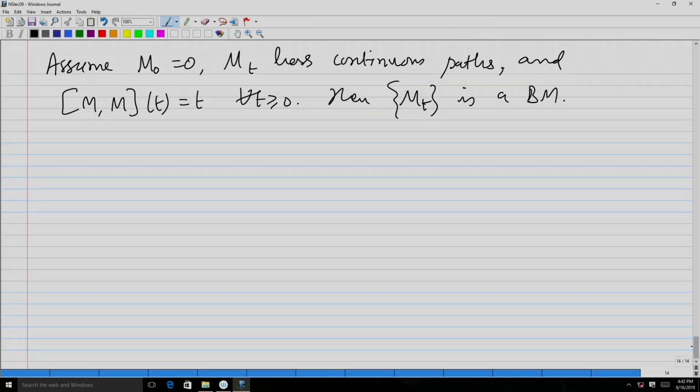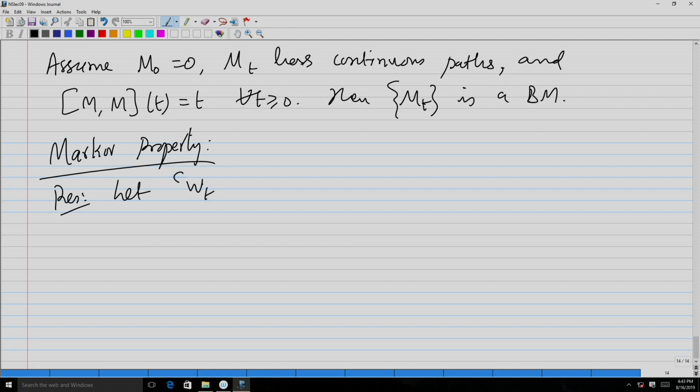Okay. So, this is what we have with respect to the second group of properties. One final group of properties that we would see is the Markov property, right, which we say is the following. Let, as usual, W be a Brownian motion and F t be a filtration for the Brownian motion.